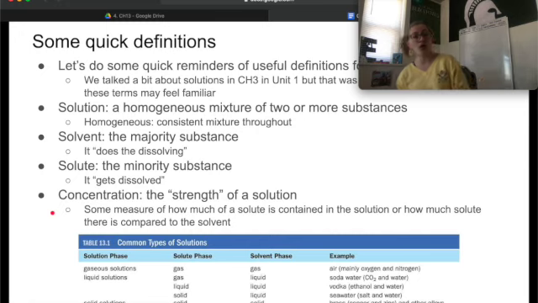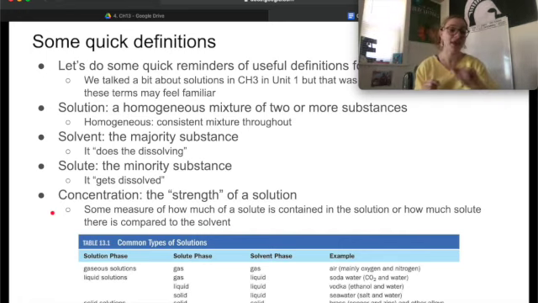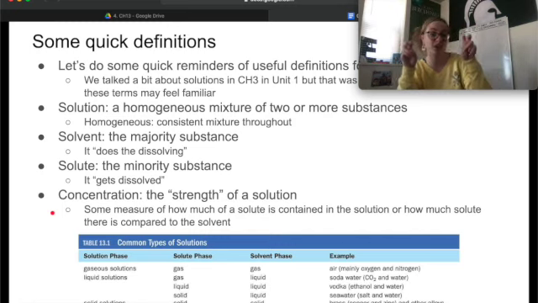You may also have the solute, or well, you do have the solute in a solution. There's no might about it. You absolutely have a solute in solution, and this is what we call the minority substance. This is the thing that we have less of, so therefore it's the thing that gets dissolved, right?